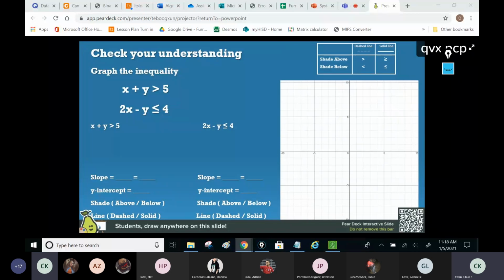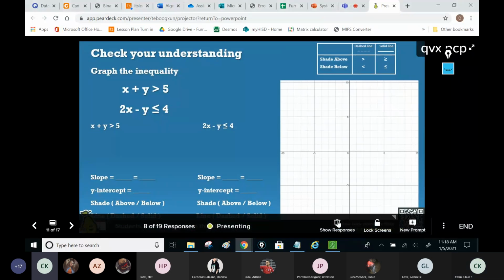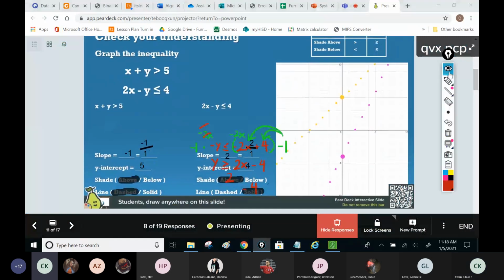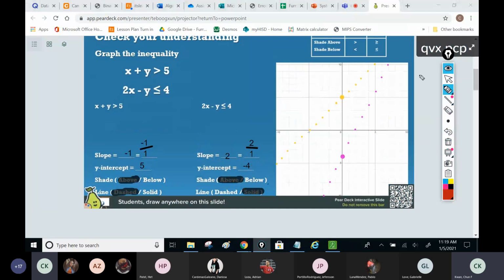These two inequalities, after you graph it, it should look like an X. Right here, you may want to check this line right here. I think you have to check this line.